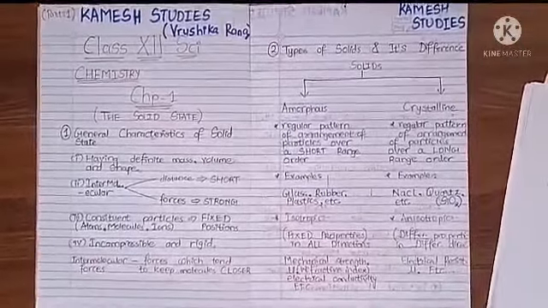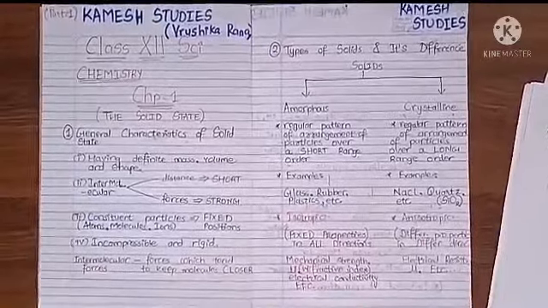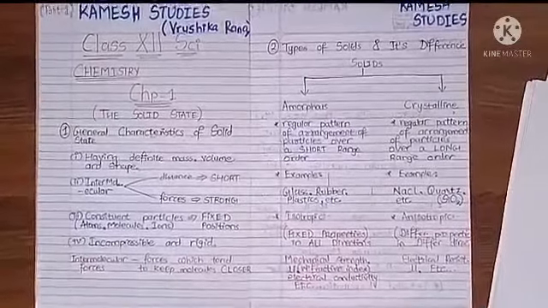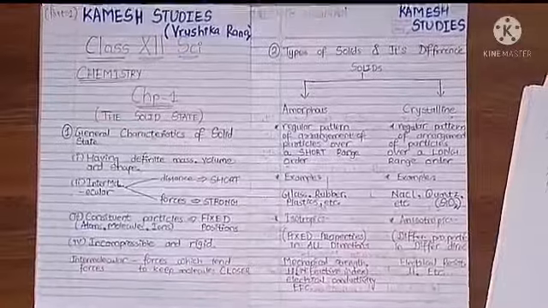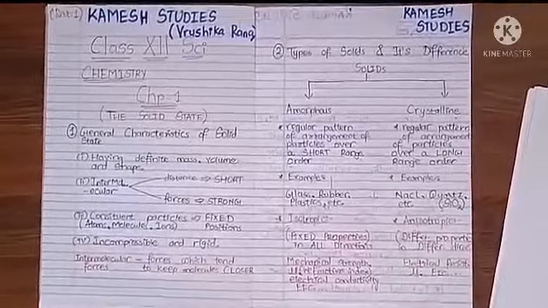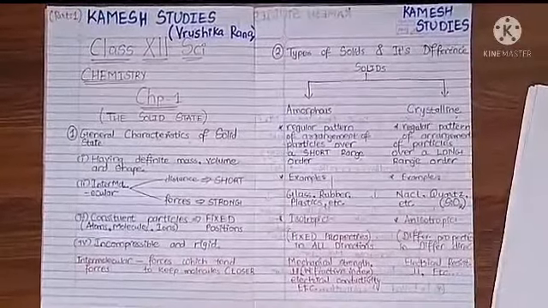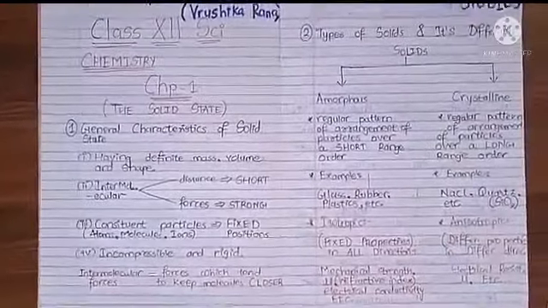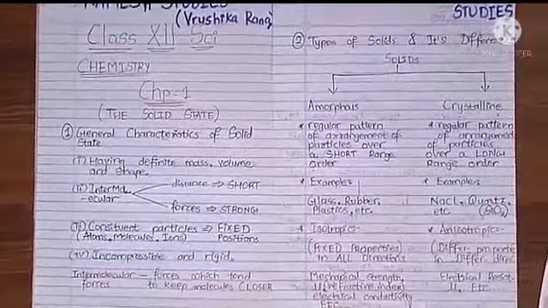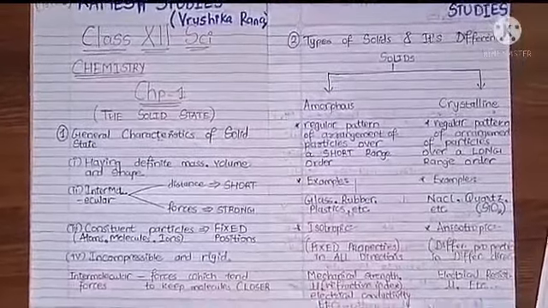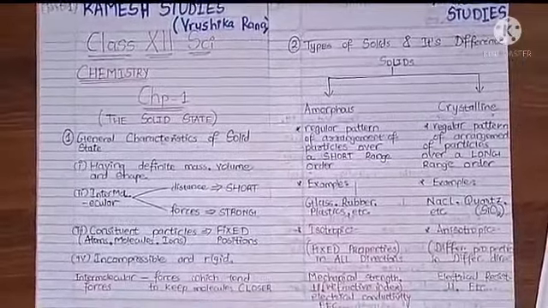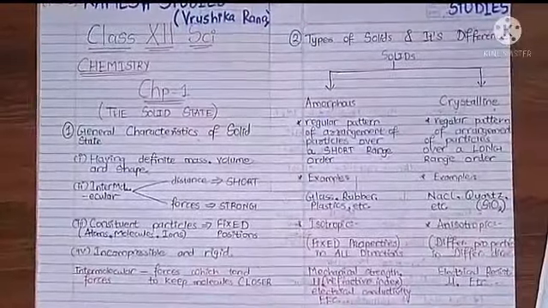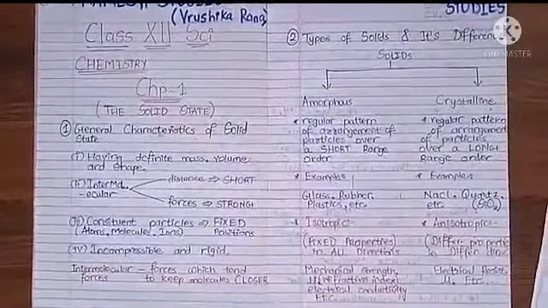Next, types of solids and their difference. We have two types of solids: first is amorphous and the second is crystalline. So what are amorphous solids? Amorphous solids are those where we have a regular pattern of arrangement of particles over a short range, right?